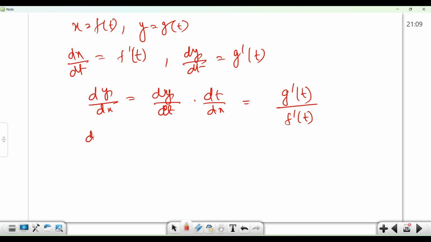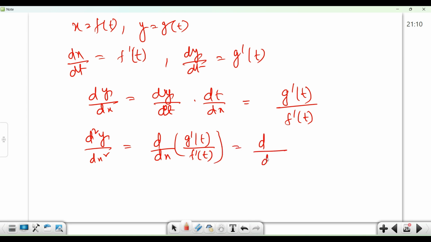Now again d square y by dx square is equal to d by dx of g dash t by f dash t, which is d by dt of g dash t by f dash t into dt by dx. So this is the u by v rule.